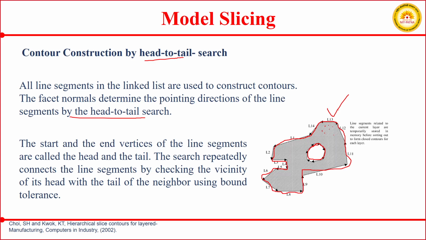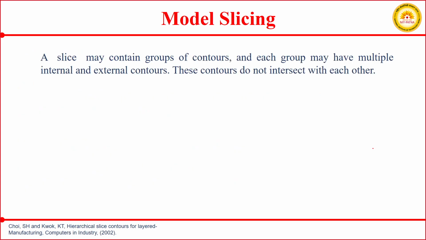From any point we can start the head to tail search, because your facet normal represents the direction of the head. This way we may construct your 2D contour corresponding to your layer.